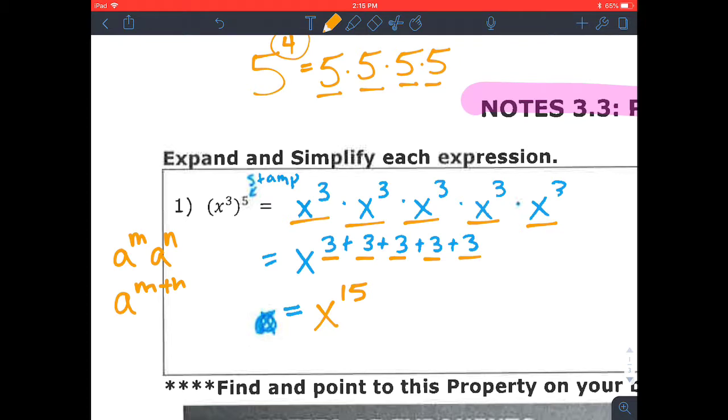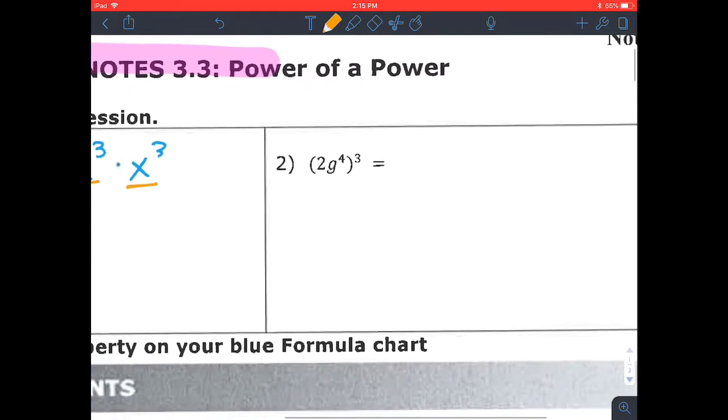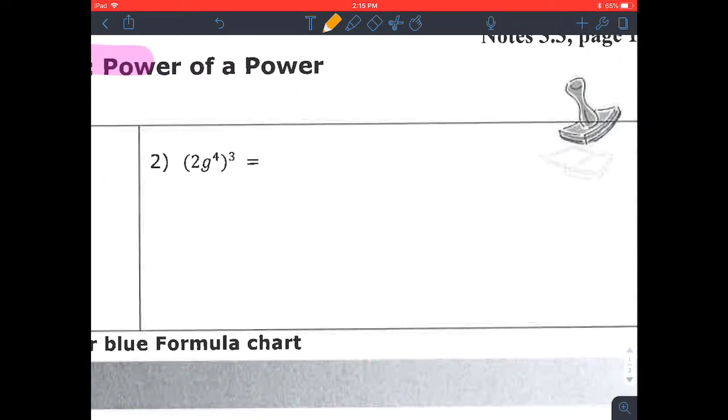I'm pretty sure there's a faster way we can do that, but let's try this one more time. The weird thing about this is everything has to be stamped out. So I've got to take the whole thing out. So this would be g to the 4th, 1, 2, 3 times. I have 3 times of this. Then I want to make sure that I'm keeping this all together.